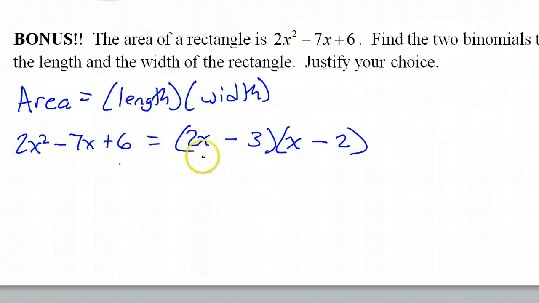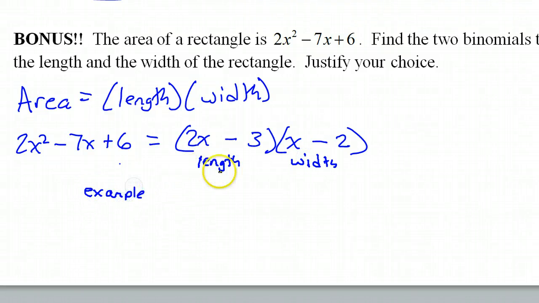Also, let me throw in that this expression, 2x minus 3, is always greater than x minus 2. So this would best represent the length, and this one would best represent the width. For example, if we let x equal 5, then 2x minus 3 becomes 2 times 5 minus 3.